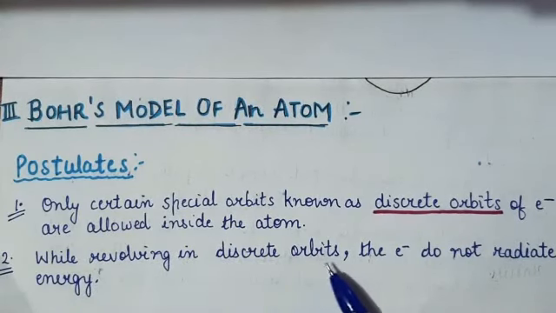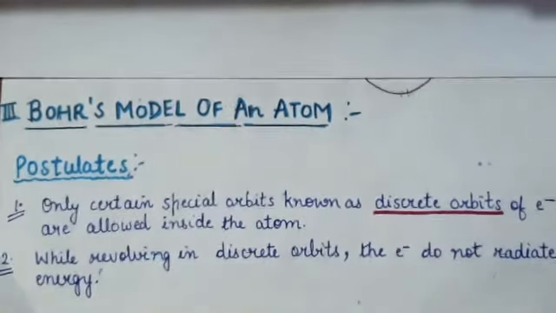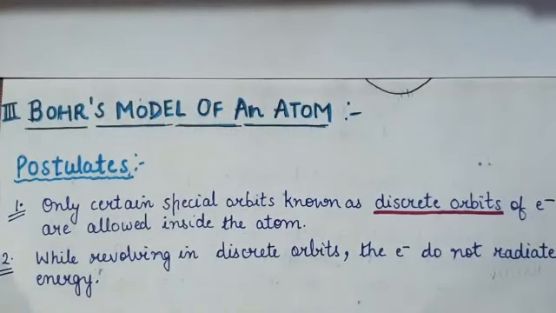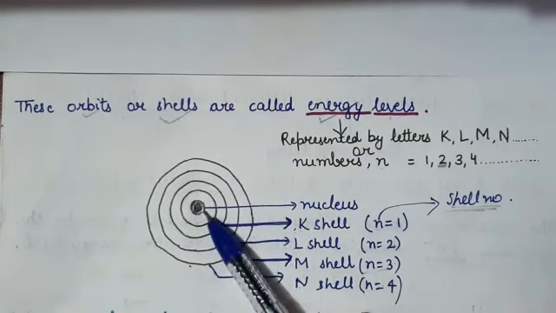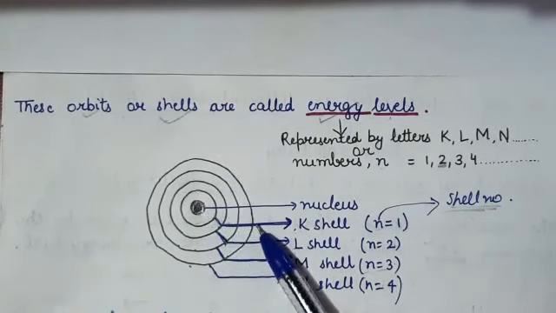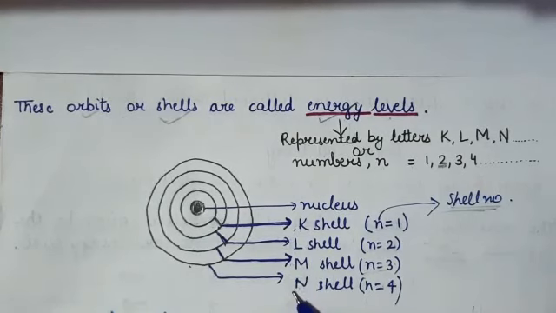While revolving in discrete orbits, the electrons do not radiate energy. Okay, students. So these are the 2 postulates given by Bohr. Along with the postulates, you will draw the diagram also. This is the nucleus. First shell K shell, second shell L shell, third shell M shell, fourth shell N shell.